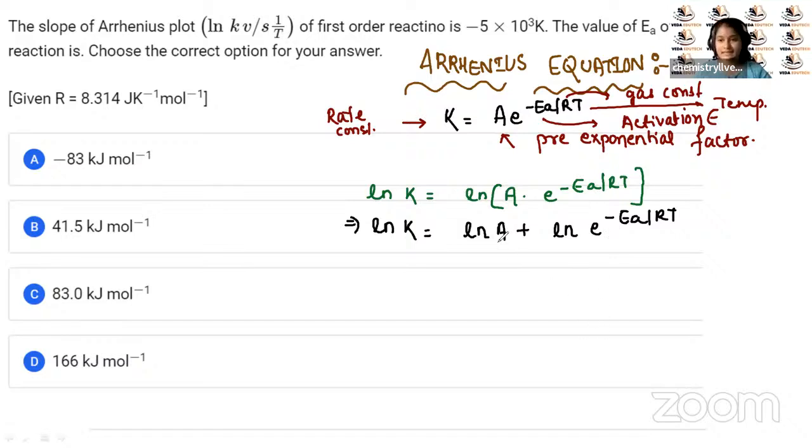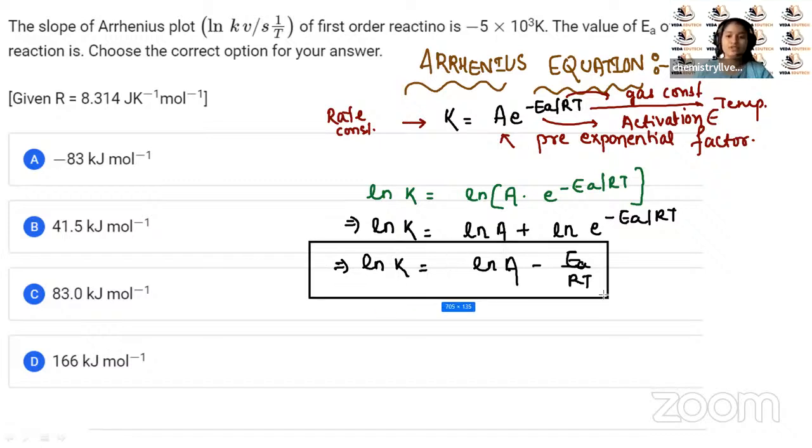Ln and e get cancelled, which implies ln K is going to be ln A minus EA by RT. This equation, children, is very, very important. This is the useful equation for us.